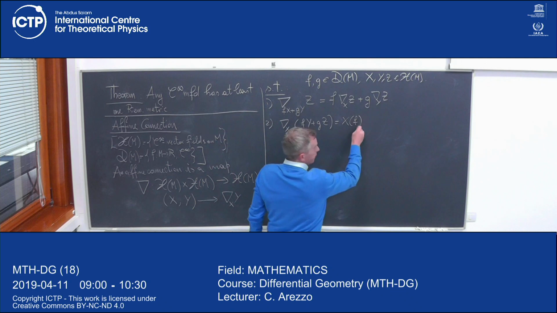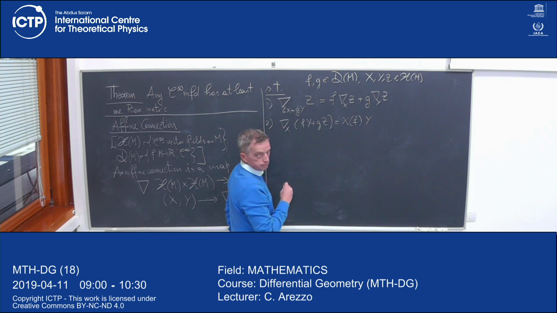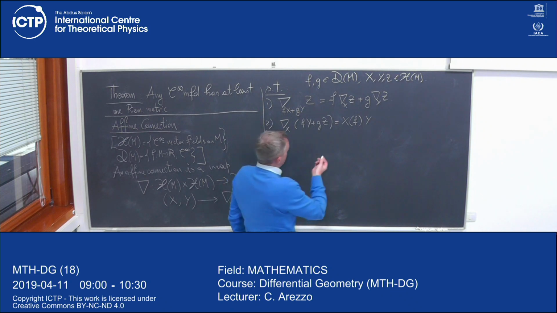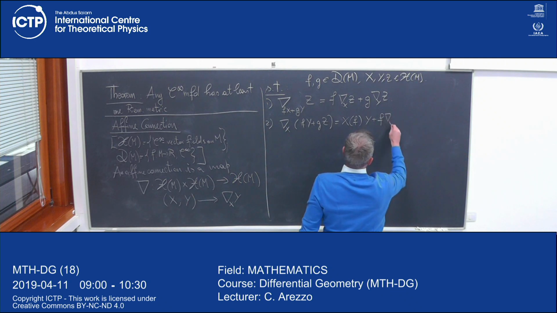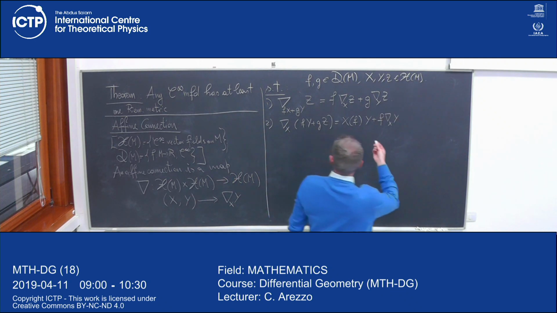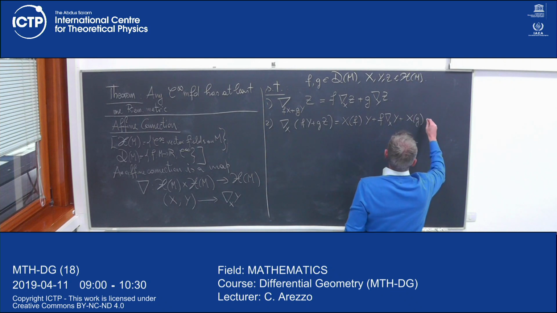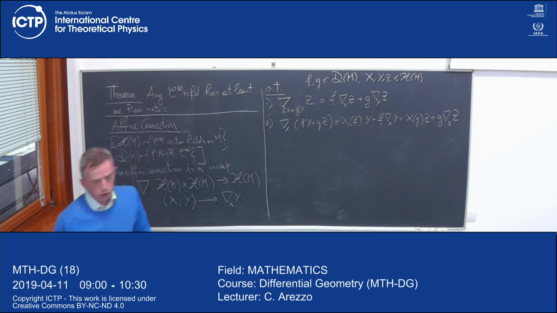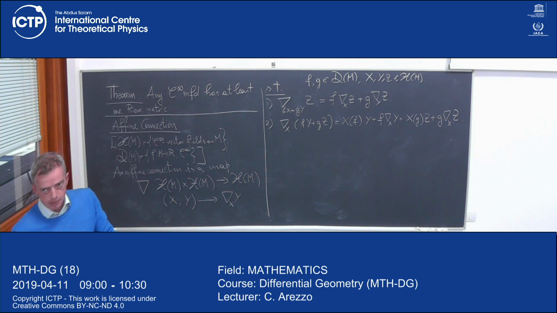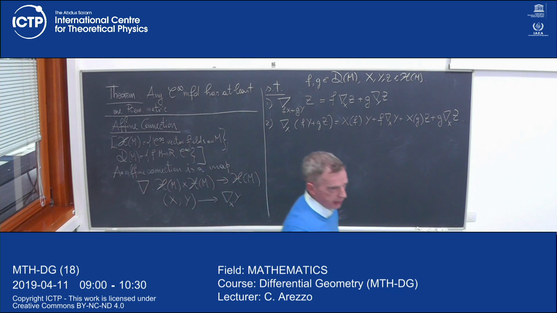This is X of f times Y, plus f nabla X Y, and then plus X of g times Z plus g nabla X Z. So I want it to be linear in the sense of the sum, and Leibniz in the sense of multiplication by functions.